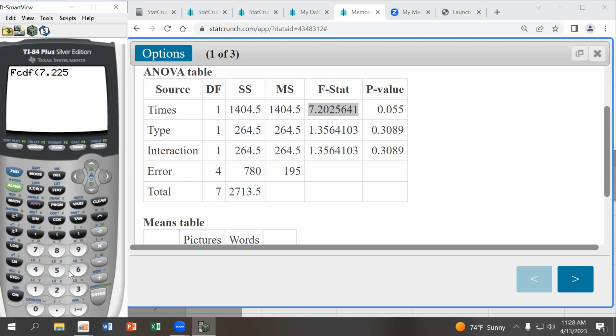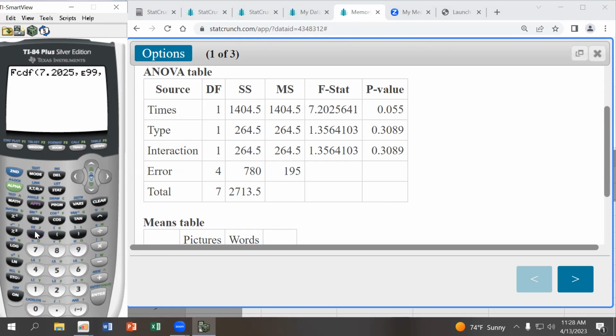So if you have a newer version of the calculator, in lower, you would put the test statistic value, 7.2025. The upper is infinity. You can get that by doing second, comma, E99, comma.